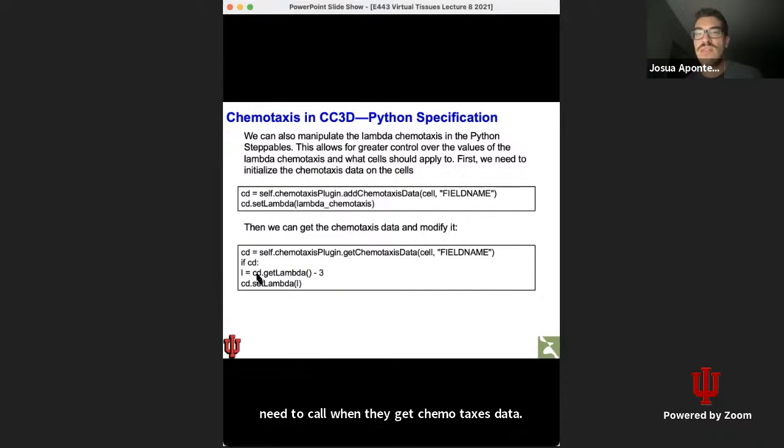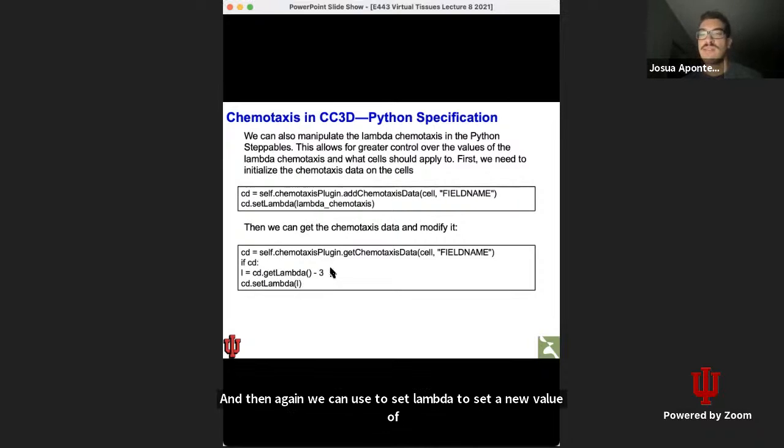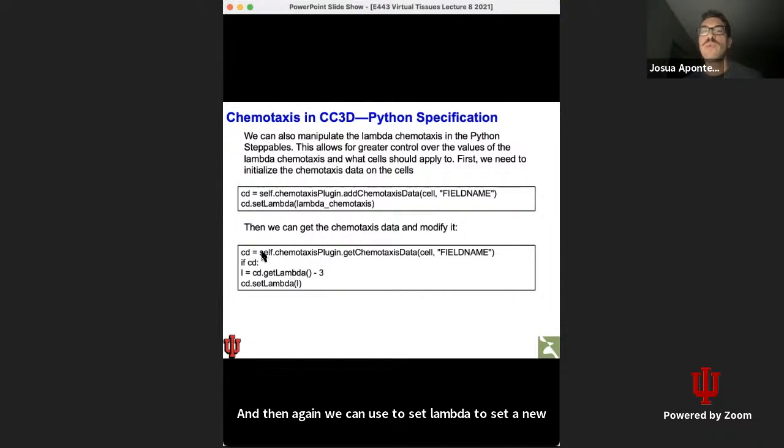And then this reference CD, the CD object, we can call the method get lambda, and that will give us the value of the lambda chemotaxis. And then again, we can use the set lambda to set a new value of the lambda chemotaxis. So in this particular case, we grab the chemotaxis data, we grab the value of the lambda chemotaxis, we decrease it by 3, and then we set it as a new lambda chemotaxis.